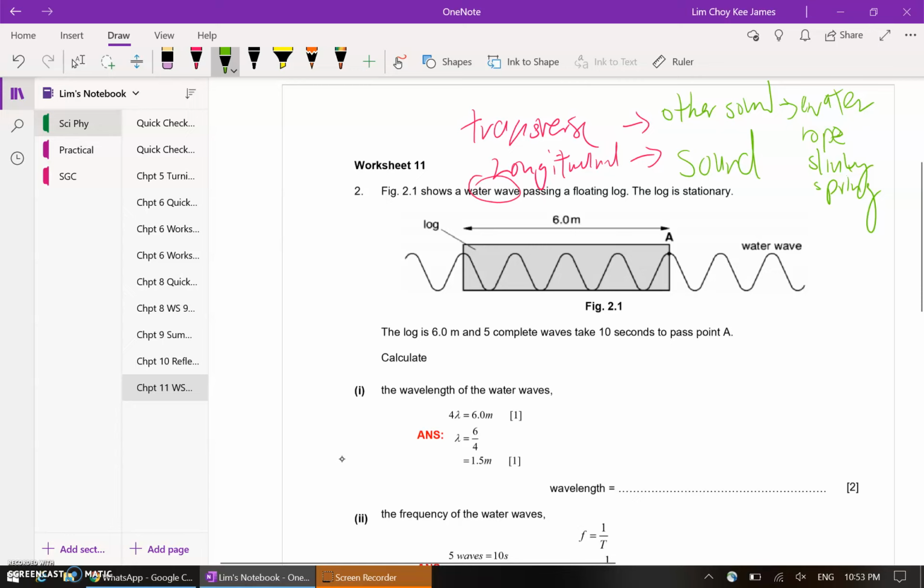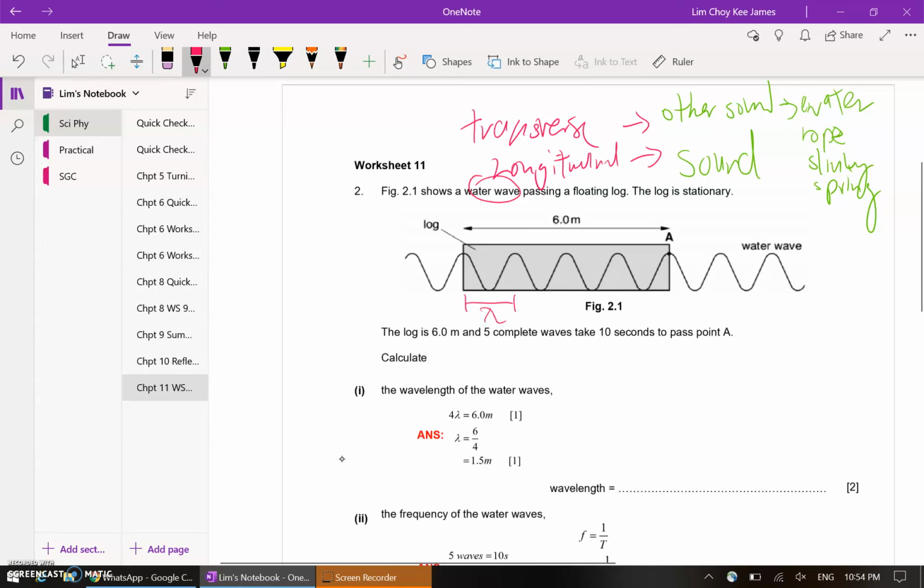Other than that, the question mentions 6 meter. The lock is 6 meter long, and there is a wave inside the lock. One thing you have to be careful about is that the quantity given is a distance, which means I can safely say that there is one cycle here, which is one wavelength, 1 lambda.